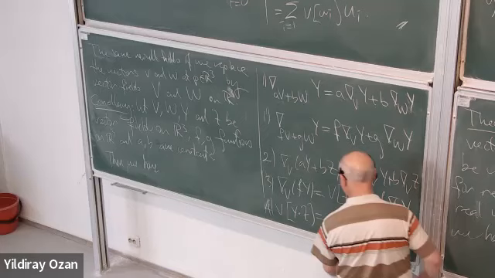You have to use this. Summation is okay, but if you have a function in front, then you have to have this. So let me write down what you have said.